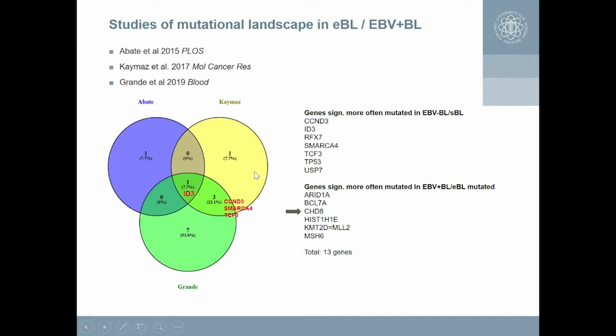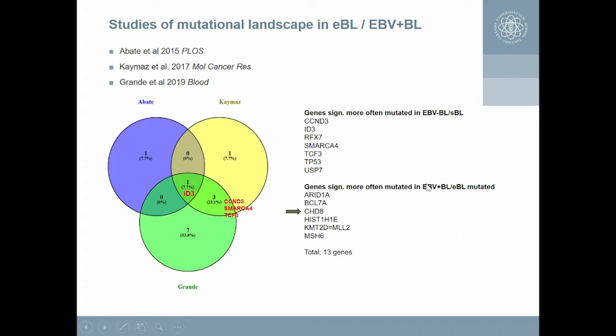If you look into those genes which are differentially mutated between EBV negative and EBV positive Burkitt lymphomas, then all studies come up with ID3, and they show that in EBV negative, sporadic Burkitt lymphomas, ID3, but also some others, are more frequently mutated than in EBV positive cases.